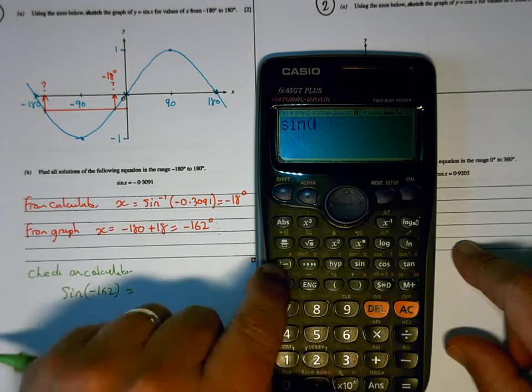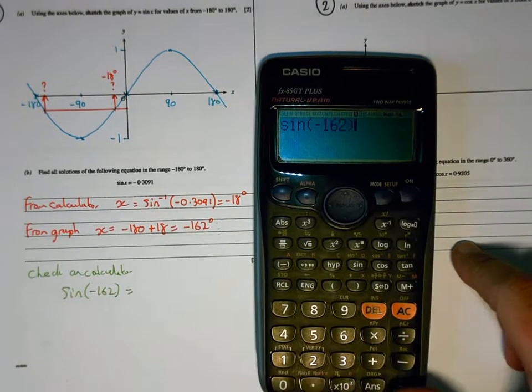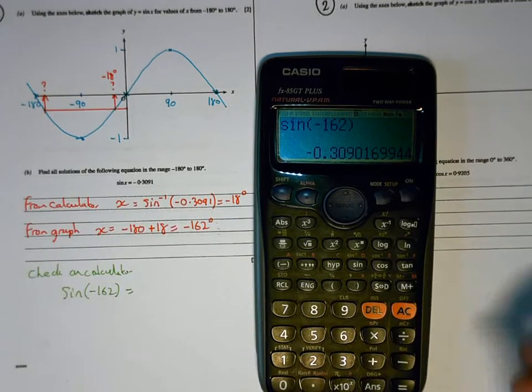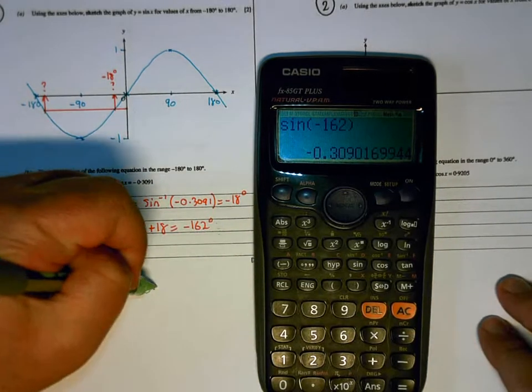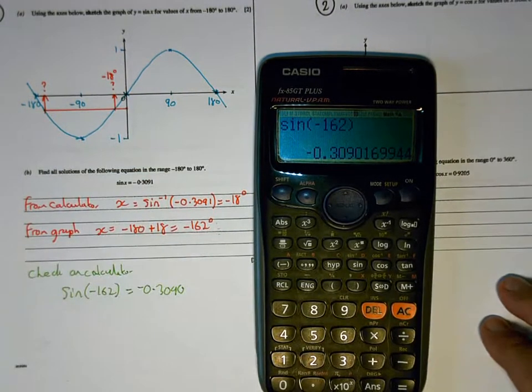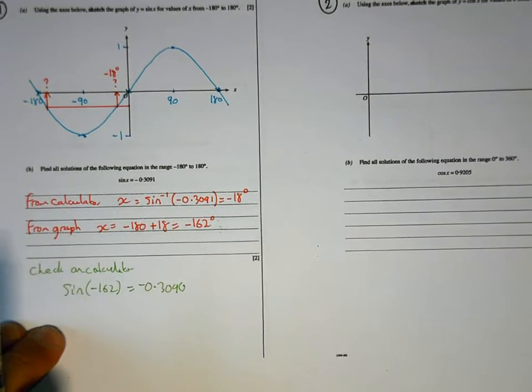So let's check. Sine of negative 162 equals negative 0.3091. So there you go. You know you're right. You know you've got 4 marks for that question.